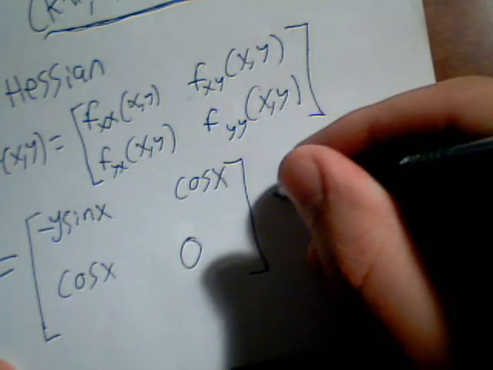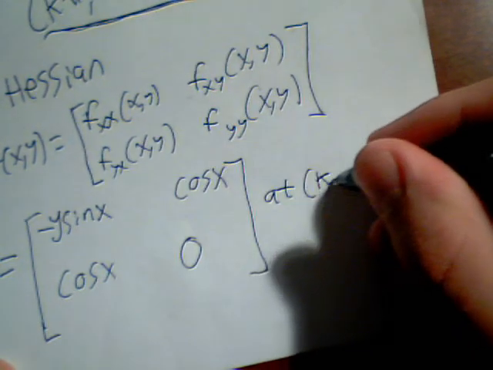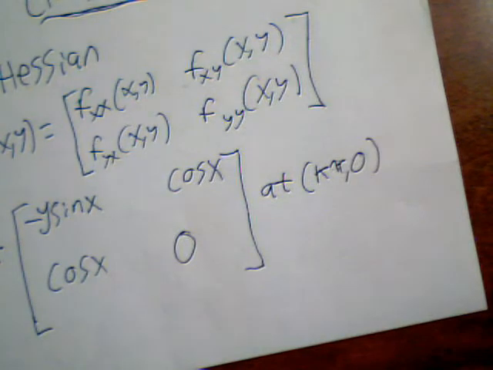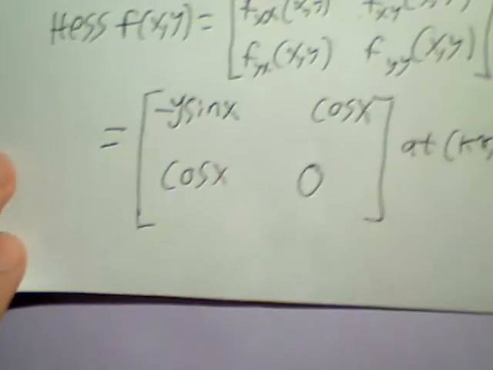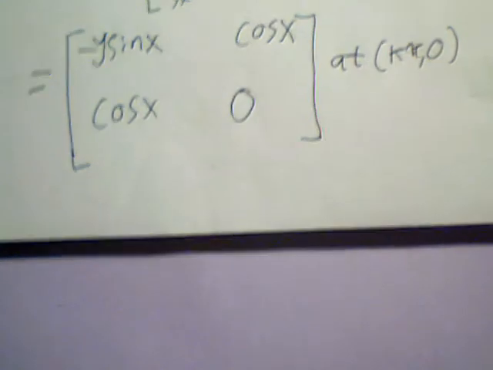So I want this to be at, specifically, k pi, 0. Plug in k pi for x, plug in 0 for y.